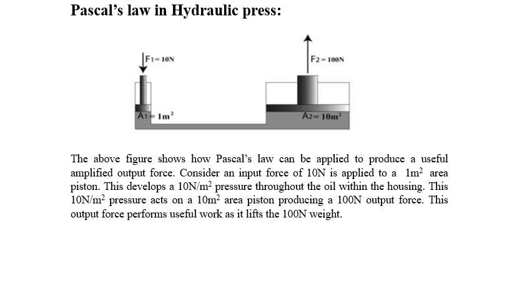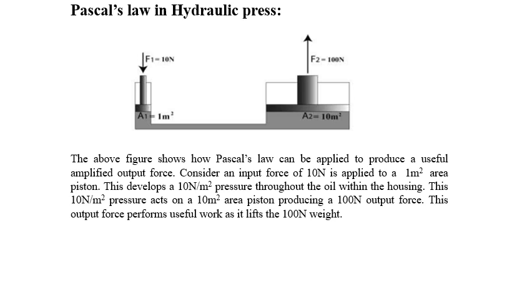See, the above figure shows how Pascal's law can be applied to produce a useful amplified output force. Consider this diagram. As I told, 10 Newton is the input force and 1 meter square is the area of the input piston.